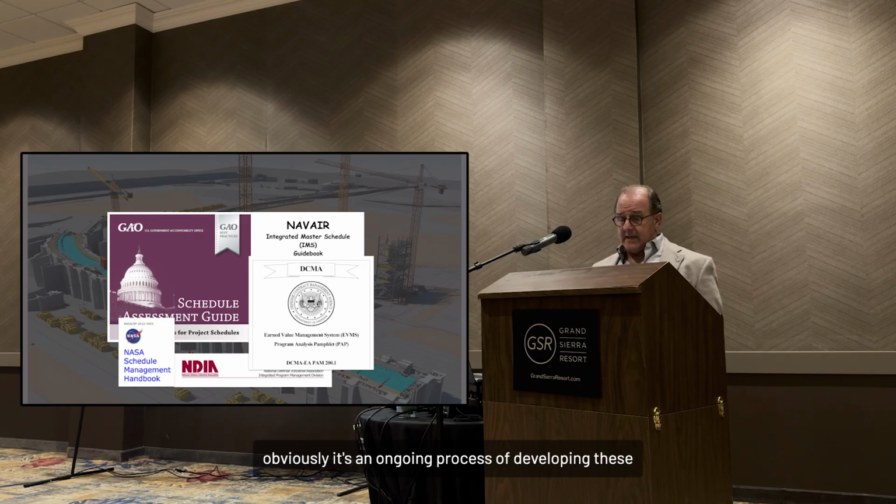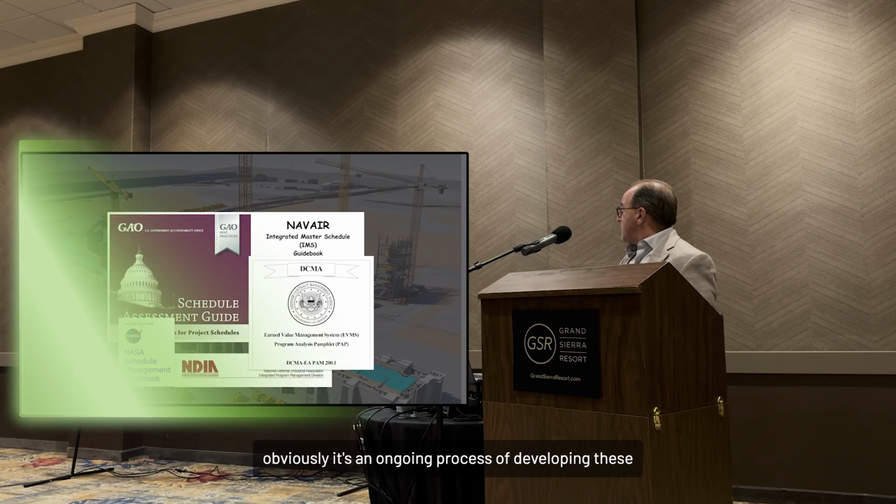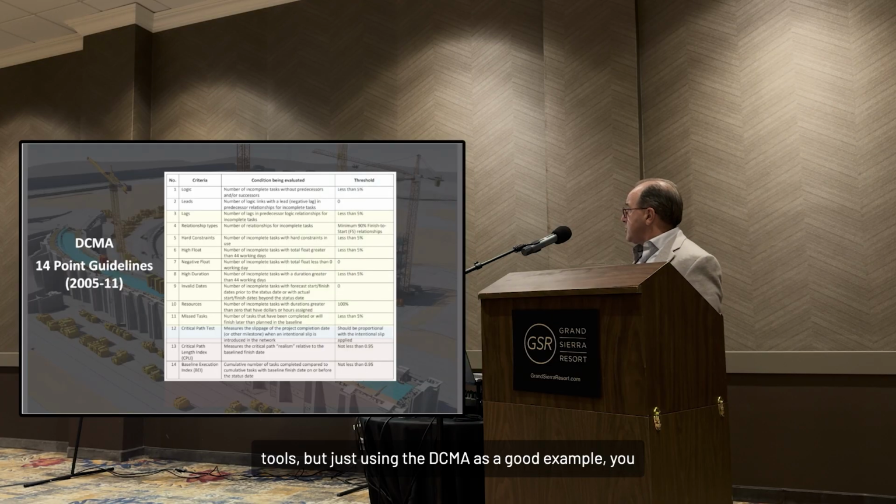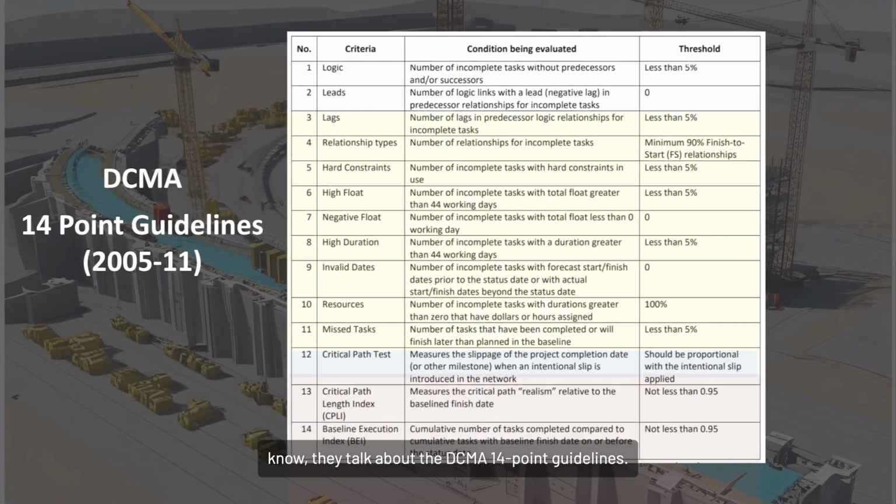And obviously, it's an ongoing process of developing these tools. But just using the DCMA as a good example, they talk about the DCMA 14-point guidelines. Out of those 14 points, really the first 9 are the only ones that deal with schedule quality, right?